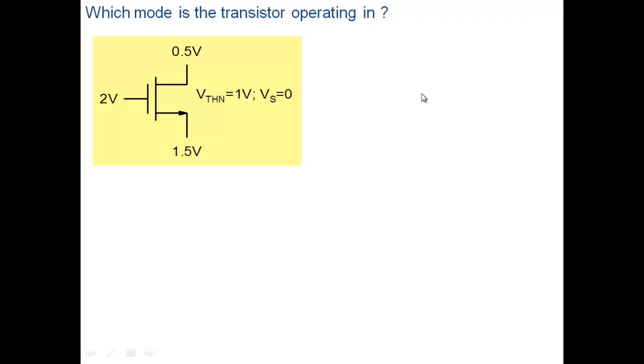Subthreshold? Any other answer? I wouldn't put it here if it were that simple. Subthreshold, yes, the first answer that would come to our mind is subthreshold. VGS is 0.5. VDS is -1. Something seems odd, right?